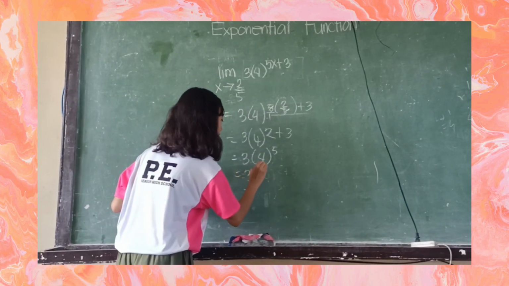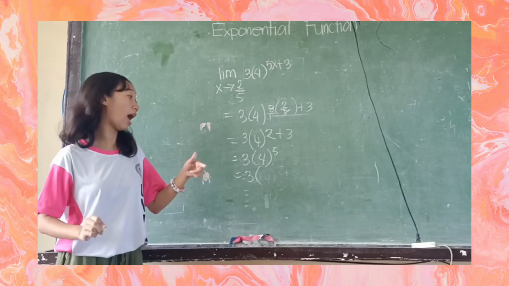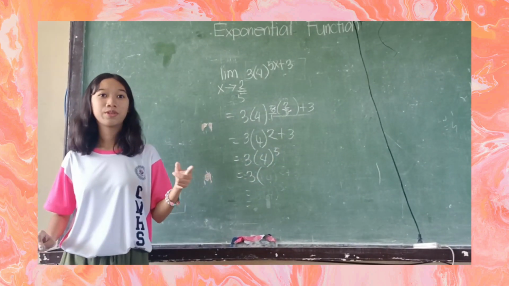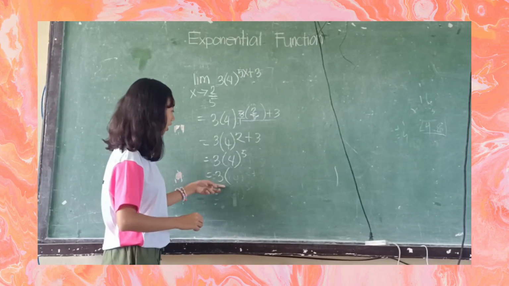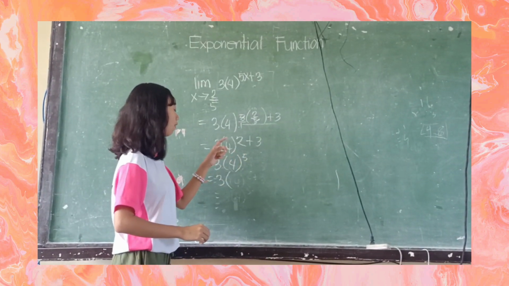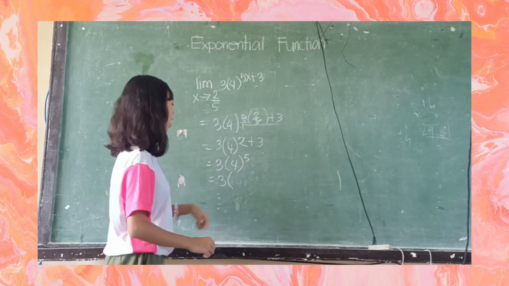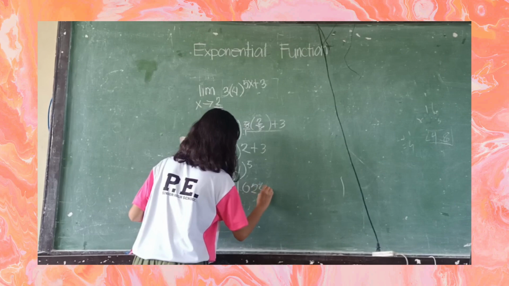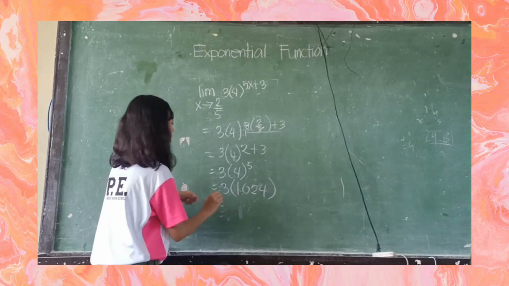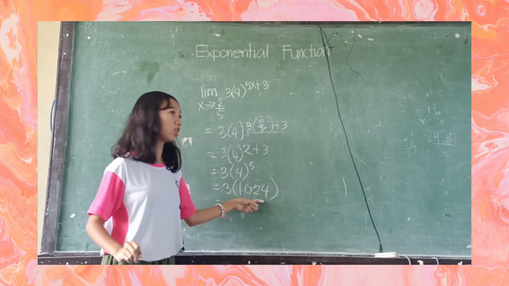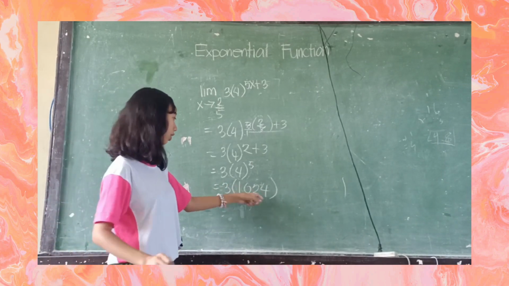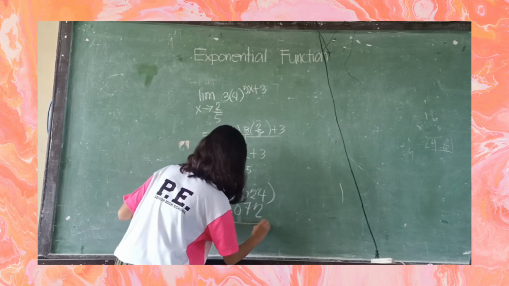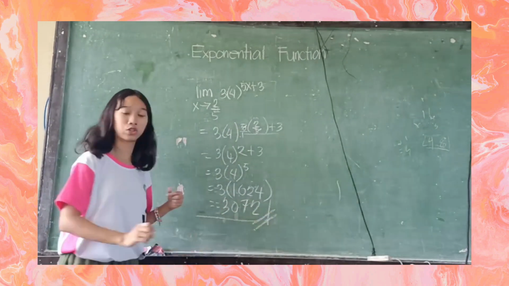So 3 times 4 raised to the power of 5: 4 raised to the power of 5 is equal to 1024. The next step is to multiply 1024 by 3. 3 times 1024 is 3072. So that is your exponential function.